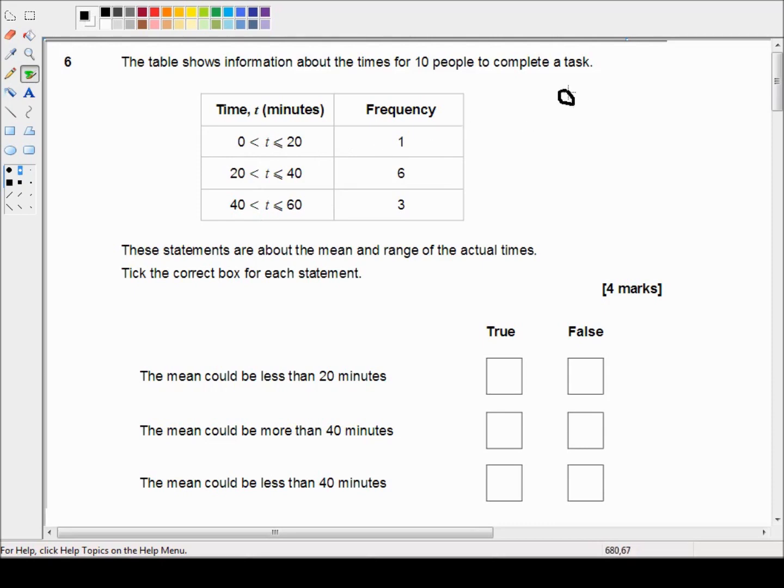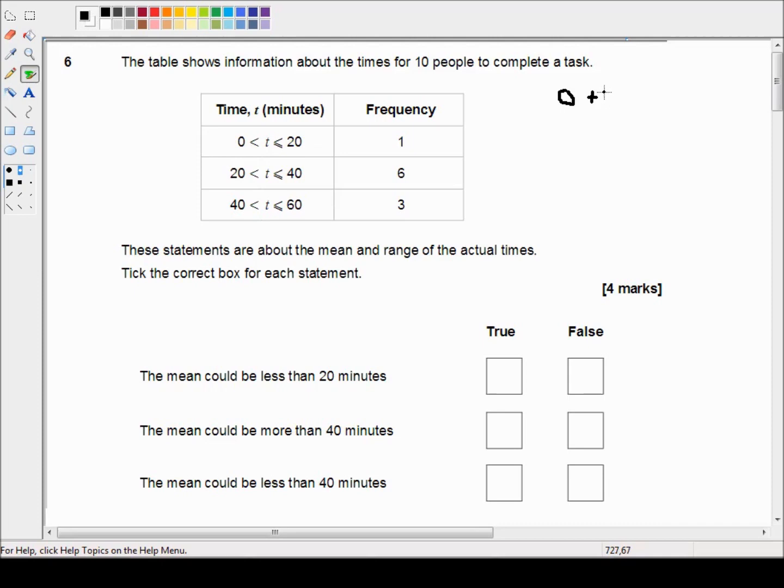And the minimum for the 6 people would be like 20.1 minutes, because t is greater than 20. So let's say 20 anyway, even though that's a less than, because then we know we absolutely got the minimum.